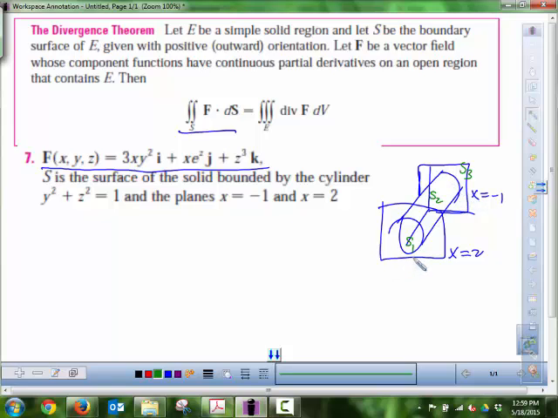But since this is a closed surface, there's a solid inside that we can define that is well defined, and that's what we'll have for E.